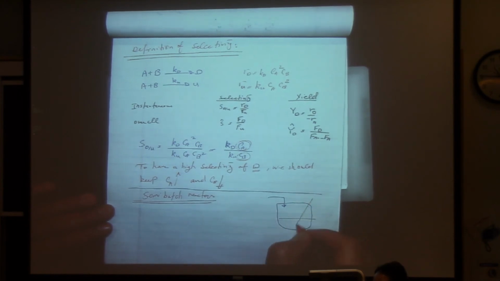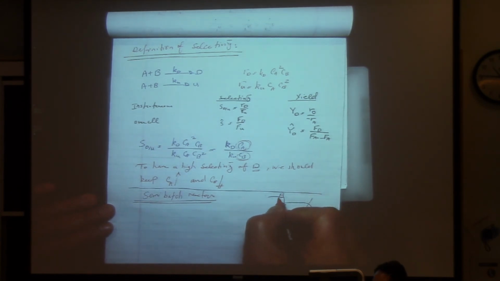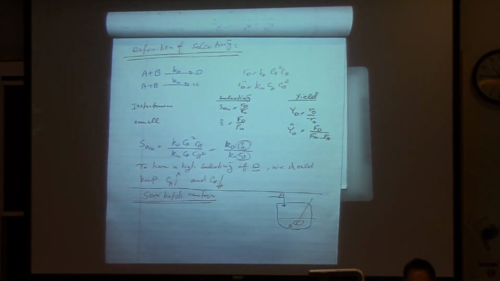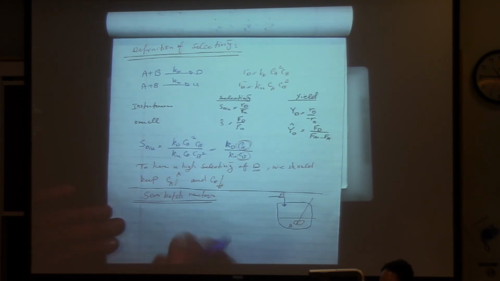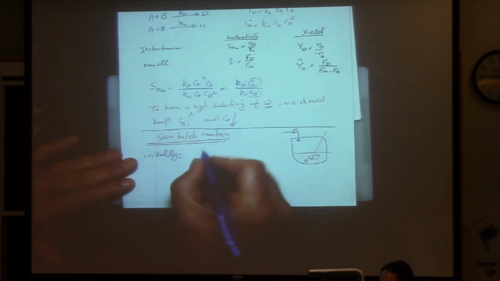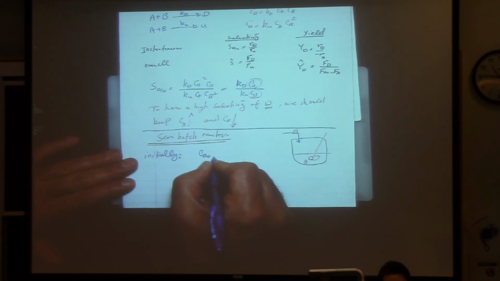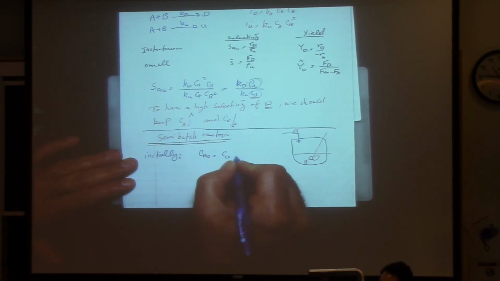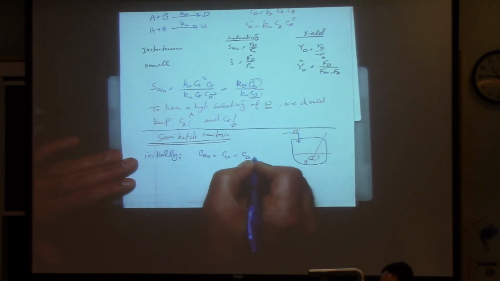Initially you are going to have lots of A in your system, with a mixer that mixes the reactants together, and then you slowly add B to the reactor. Practically, in the initial condition, C_B0 equals C_C0 equals C_D0, and all of them are 0.